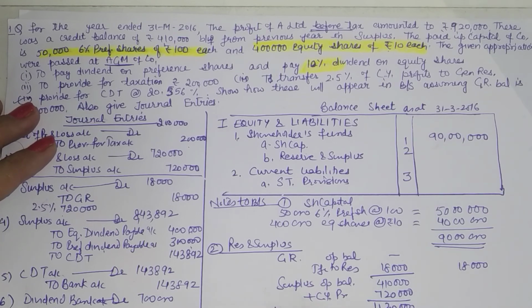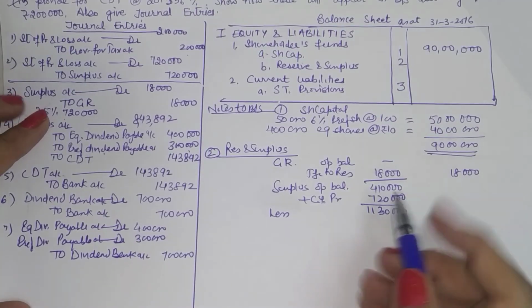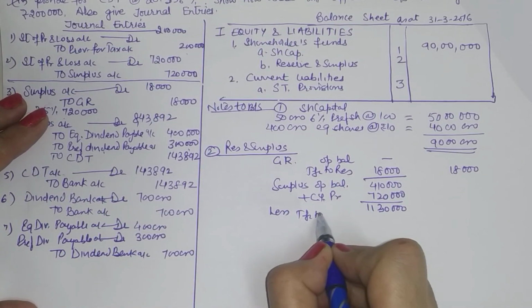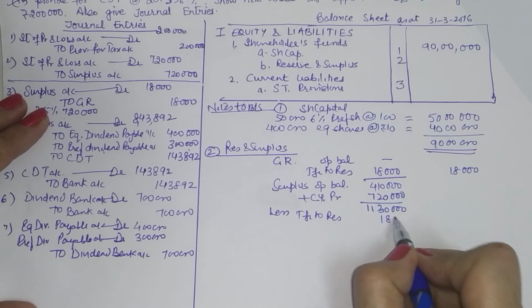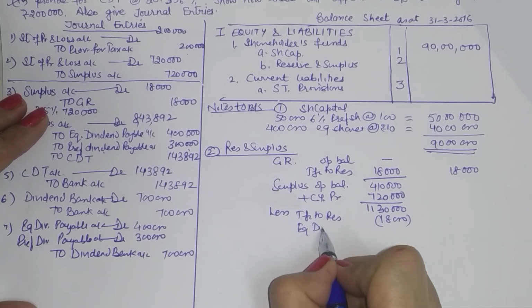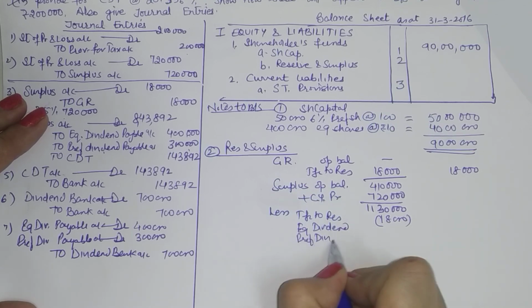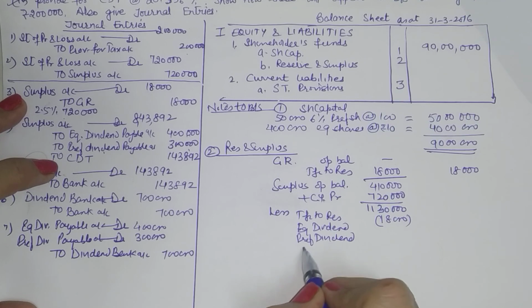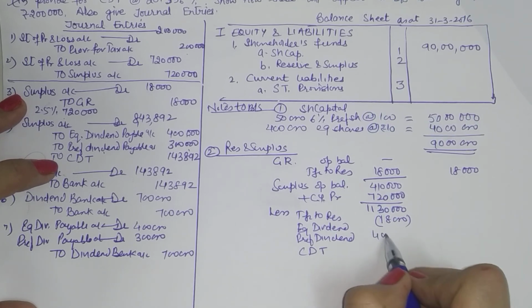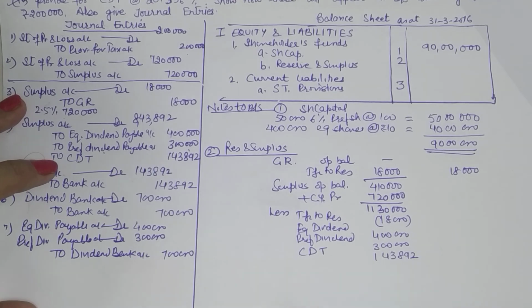Now we are to deduct all the relevant amounts here. So what is being given out of this surplus? You made transfers to reserves, 18,000. Then you paid equity dividend and preference dividend out of this. You paid CDT out of this. So 4 lakh, 3 lakh, 1,43,892.